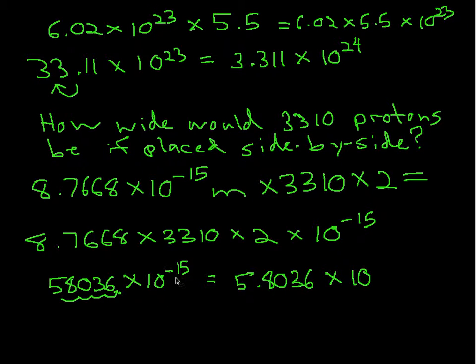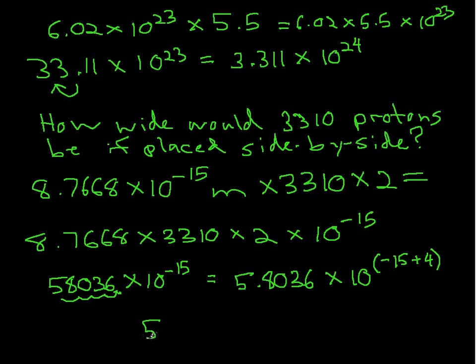And so just like up above, when I move the decimal point to the left, I added value to the exponent. So this becomes, I'll just break it out this way for you, negative 15 plus, I moved it 1, 2, 3, 4 places, plus 4.